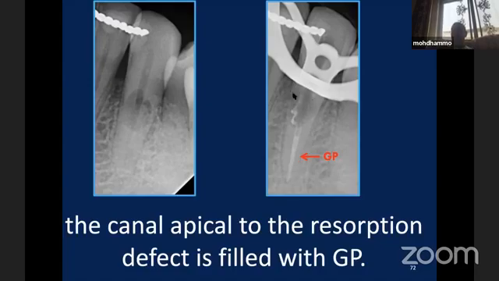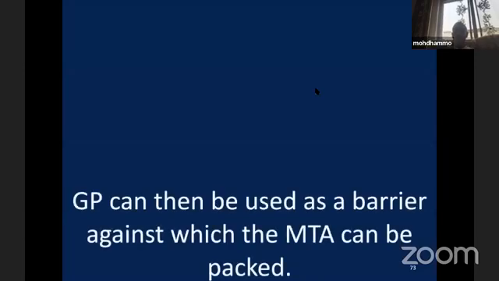Now we will take MTA or Biodentine, whatever we want, or BC putty, to place inside the resorption. So Guttapercha can be used as a barrier against the MTA, which can be packed at the apical part.